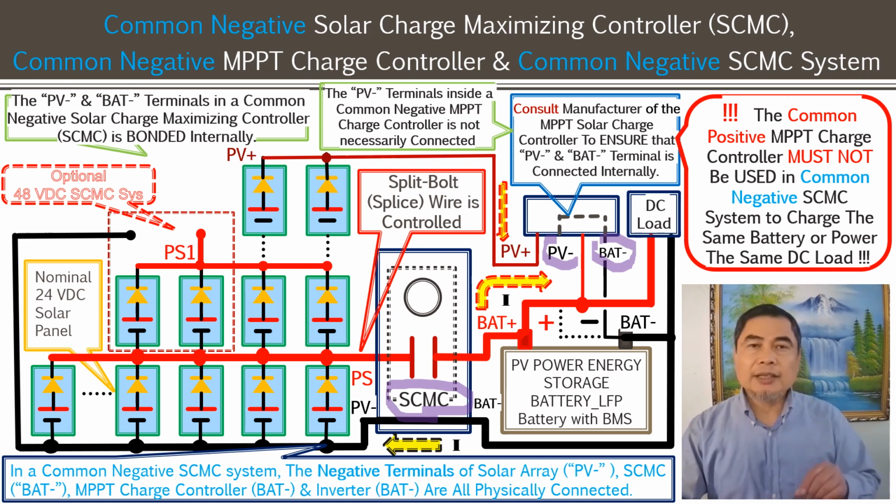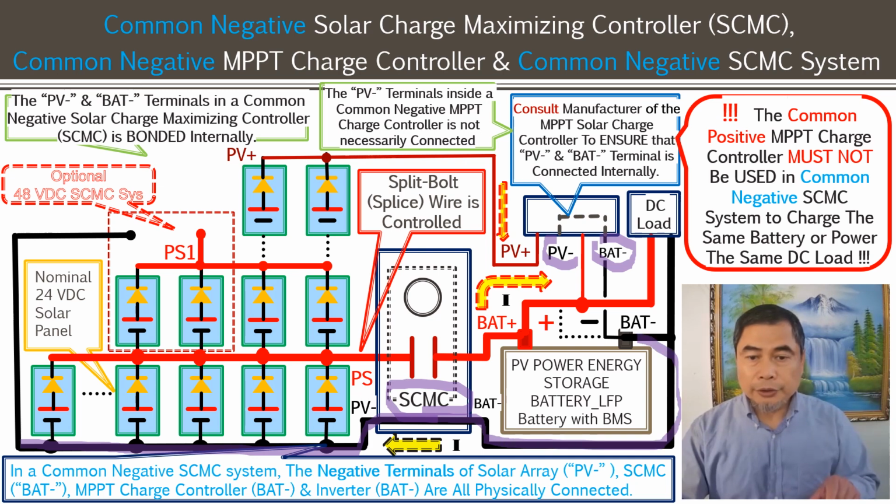So in a common negative system, we can have all these terminals, solar panel negative, solar charge maximizing controller negative, battery negative, inverter negative, all connected. Because PV negative is internally also connected, you do not necessarily need to connect this PV negative terminal because it's already connected.